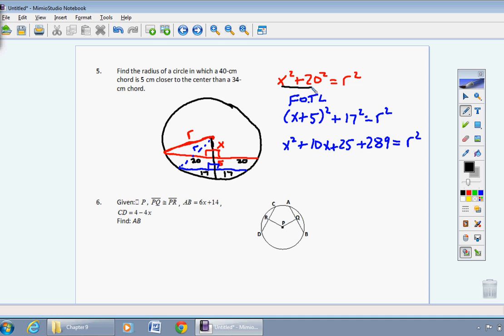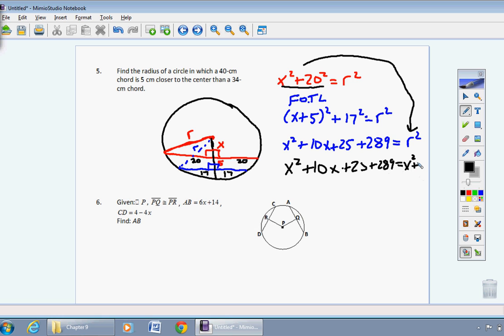I know x squared plus 20 squared is equal to r squared, so I'm going to take that and plug it in or substitute it in for r squared. Since they're equal, I can do that. So now I have x squared plus 10x plus 25 plus 289 equals x squared plus 20 squared.